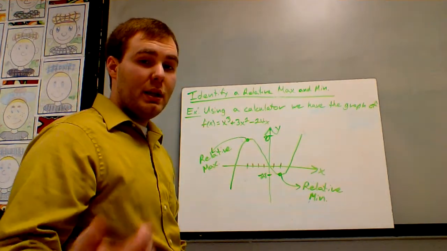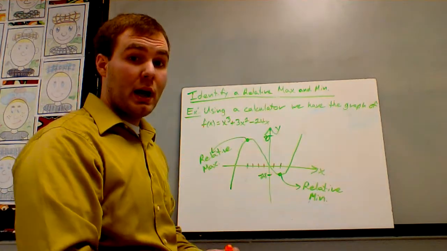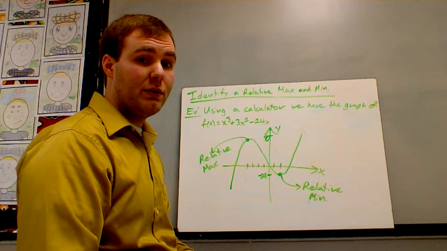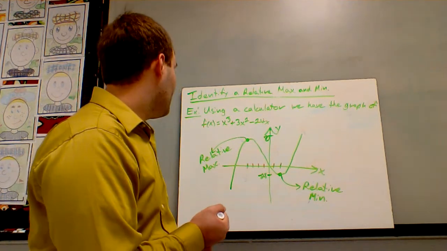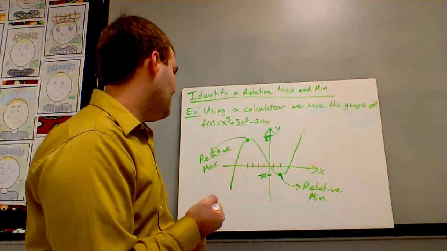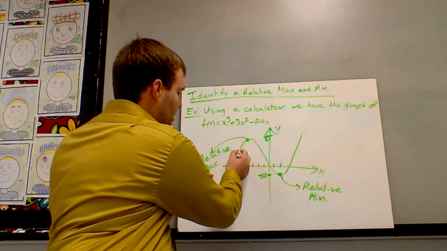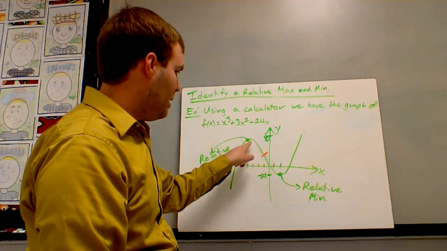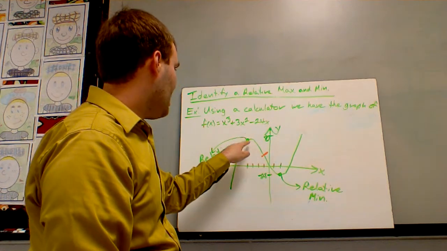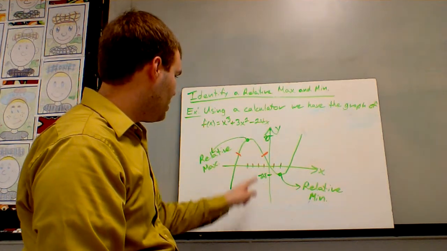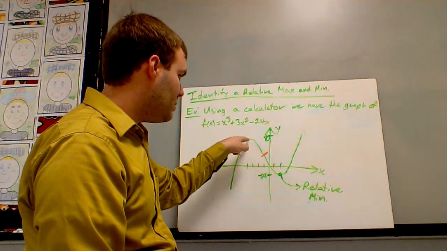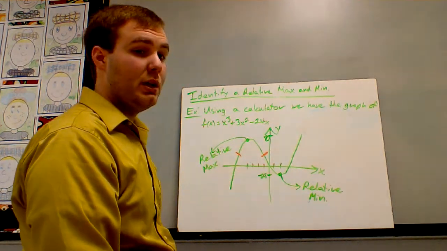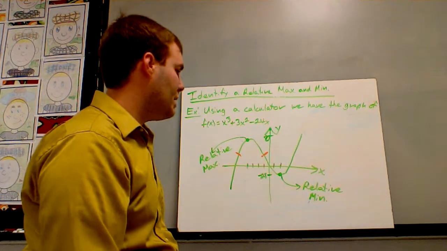Now that's not the absolute maximum, that's not the highest point on the graph, and this isn't the lowest point on the graph. But what a relative max and min means is that just in a general area, you can tell that this is the highest point on the graph because all of these values leading up to it and all of these values leading away aren't as high as that point.